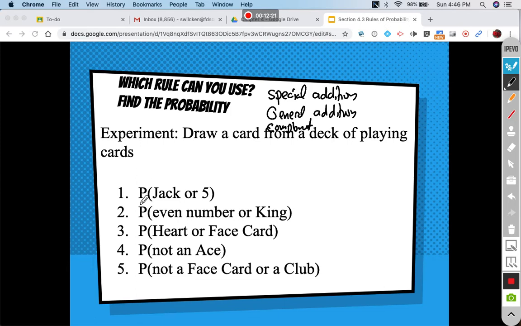So go through each of these, figure out which rule you can use, and then find the probability after you've figured out which rule you're going to use. So pause the video, take a few minutes, work these 5 problems, and start the video up again.